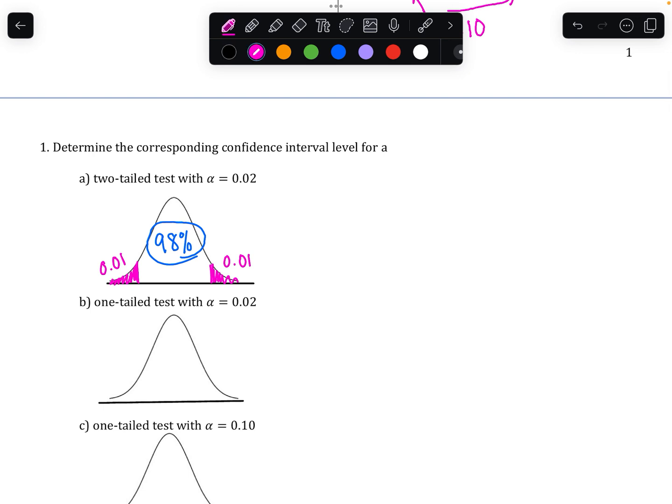One-tailed test with an alpha of 0.02. So this time, if my test is one-tailed, here's my 0.02 over there. I don't care about the other side, but I know that my confidence interval has to be centered. So there is a 0.02 over there that I don't really need, but it's there, which means when I'm centered, the confidence interval level is actually 96%.